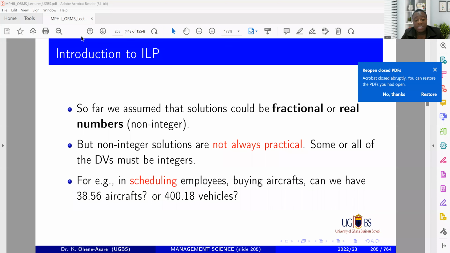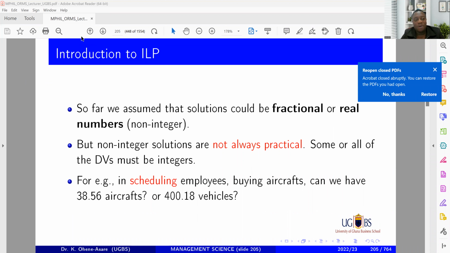Now, there are some situations in life when it is not practical to keep things in decimals. You might remember during the marketing optimization problem, where you have the TV, the newspaper, the radio, you realize that some of the optimal solutions included 1.8, and some decimals.